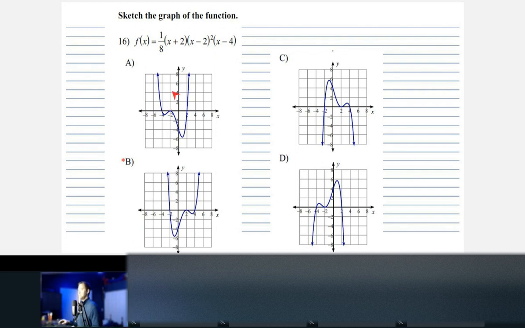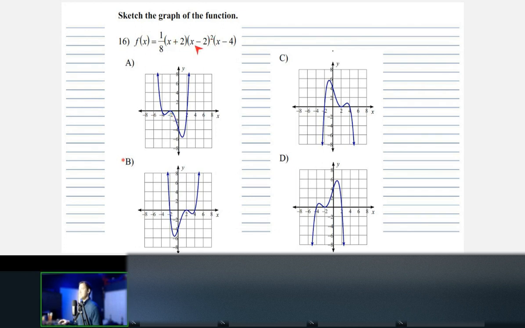And then we can use the rules like, we know it crosses the x-axis at x equals -2. And so there's -2. This actually bounces. See how it bounces at -2 instead of crossing through?